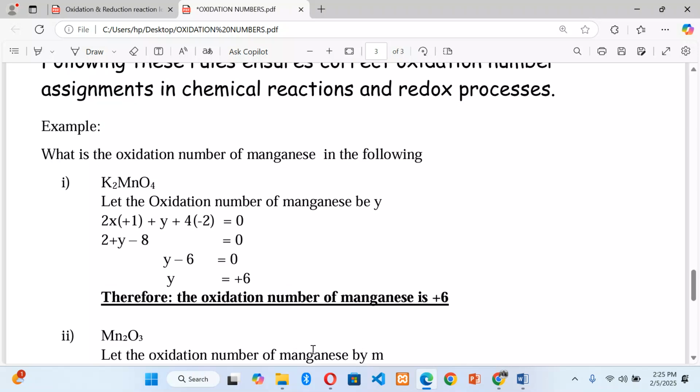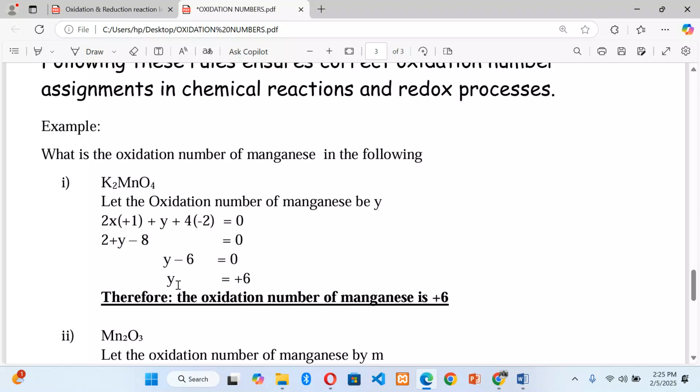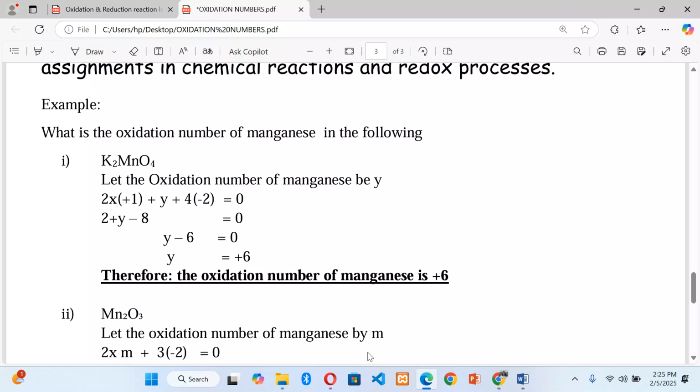Then when we look at manganese oxide, let the oxidation number of manganese be M. Then 2 atoms of manganese times M plus 3 atoms of oxygen times -2, the oxidation number of oxygen, equals 0.